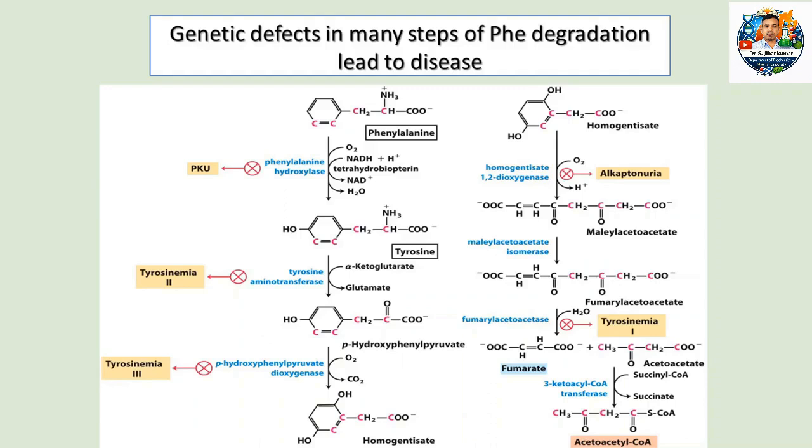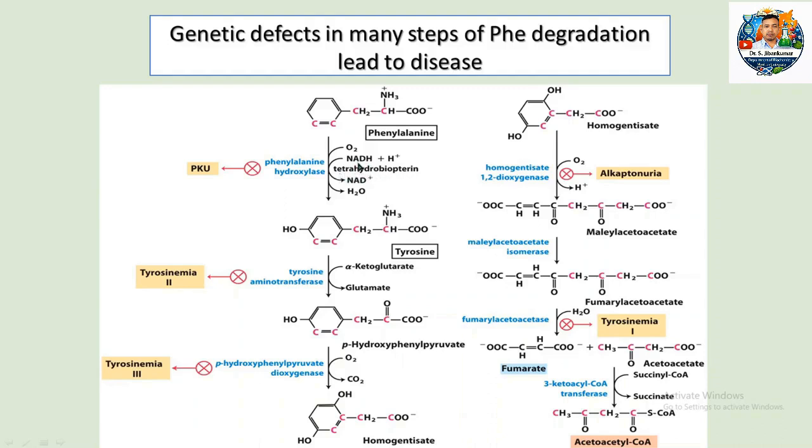The absence of activity of this particular enzyme will cause this metabolic disease called phenylketonuria. And phenylketonuria may be caused not only by the absence of the functional form of this enzyme, but also by deficiency of these coenzymes.